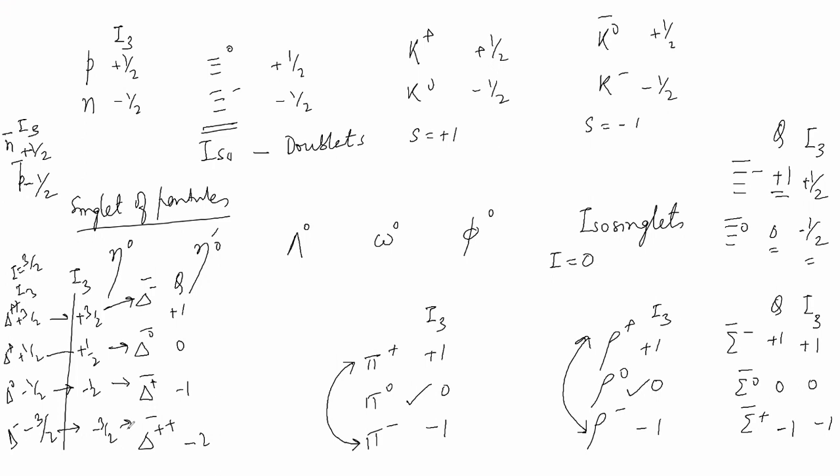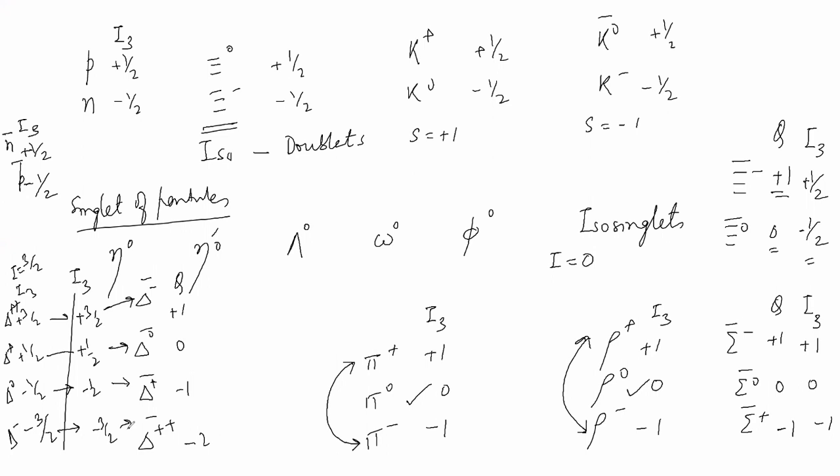But if I asked you, what is the isotopic spin of electron? The answer is, we don't assign isotopic spin to the leptons, whether it is an electron or neutrino or muon or anti-neutrino or whatever it is.